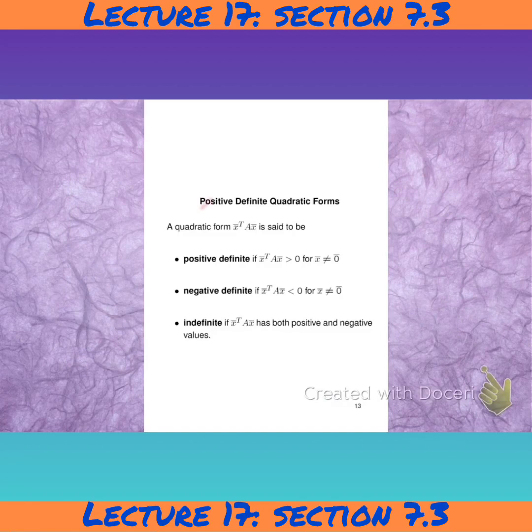Just a quick note here, positive definite quadratic forms. A quadratic form is said to be positive definite if this is bigger than 0 for vectors x where x is not 0, it's negative definite if that is negative for all non-zero vectors, and it's indefinite if that has both positive and negative values.